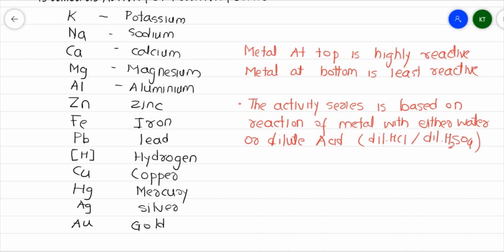How readily a metal displaces hydrogen from either water or acid determines its position in the series.